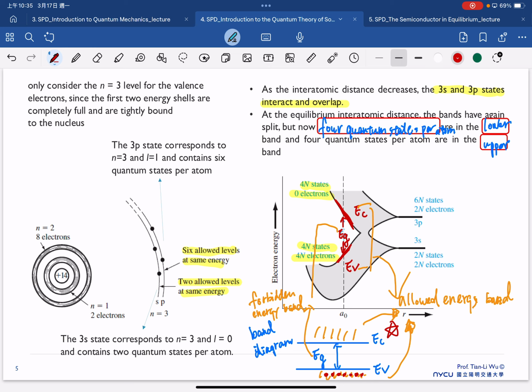So that's why we call this the valence band. This is a place where we have full electrons, and this is a place where we have empty states, because here is empty. And here are four electrons.